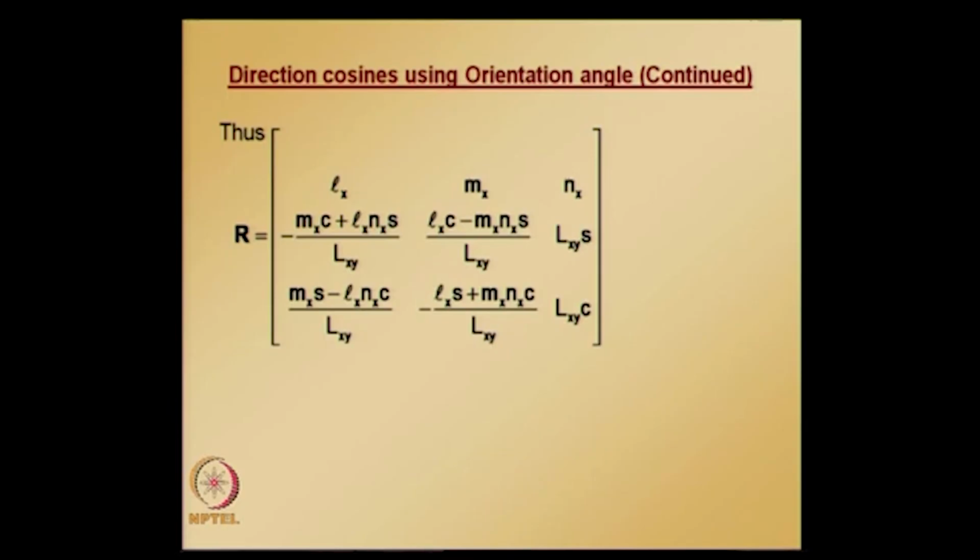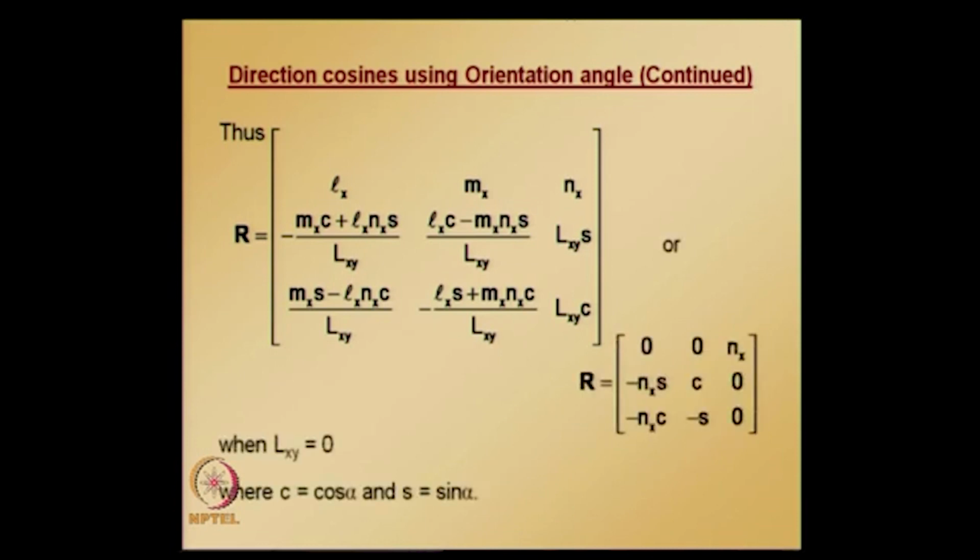So, in the limit Lxy tends to 0, this rotation matrix becomes this. So, in the case Lxy is equal to 0, you can use the second equation that is shown on the slide, which is applicable when Lxy is equal to 0, and C is nothing but cosine of angle alpha, S is nothing but sine of angle alpha.